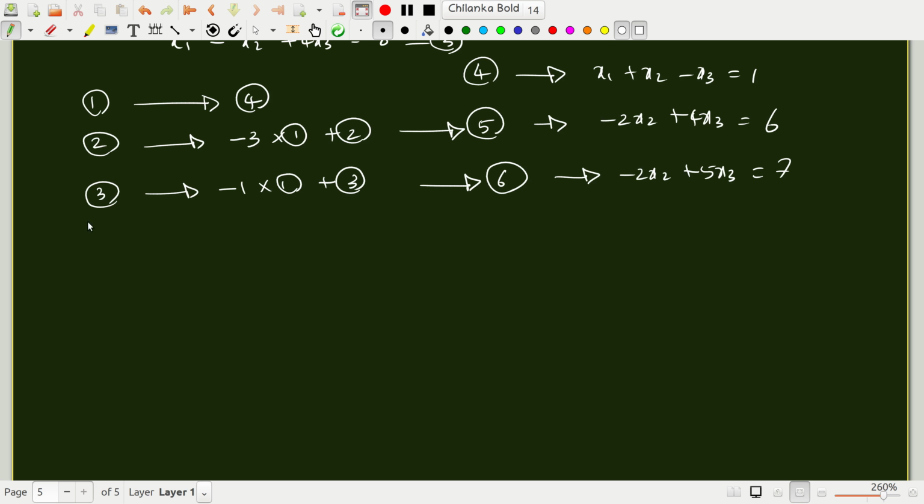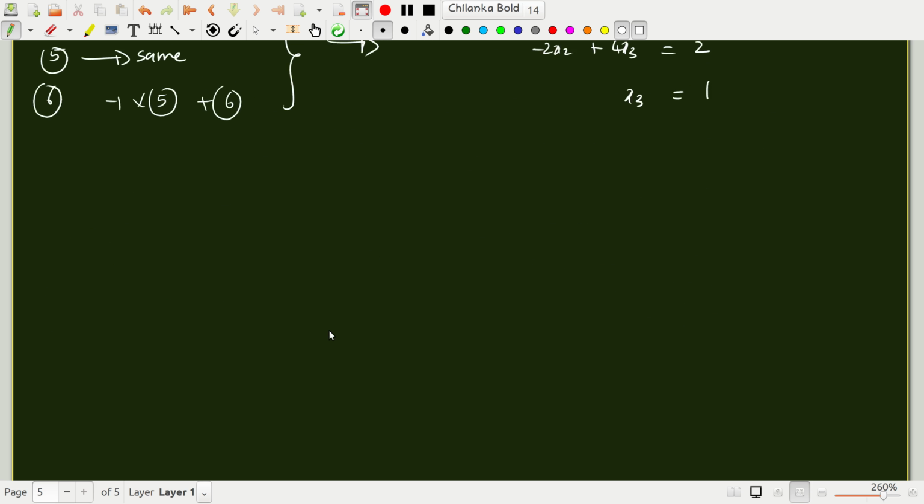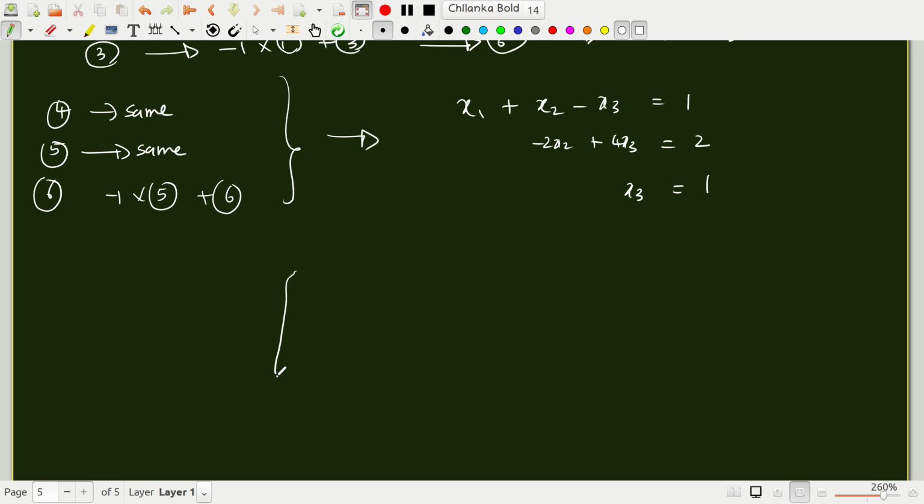So 4 will remain the same, 5 will also remain the same, and 6 will be converted, so as to eliminate this term also, minus 1 times 5 plus 6, to give rise to three equations: x1 plus x2 minus x3 is equal to 1, minus 2x2 plus 4x3 is equal to 6, x3 is equal to 1.